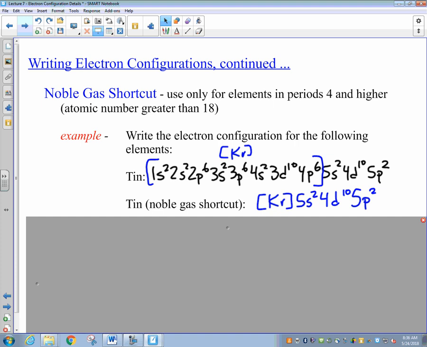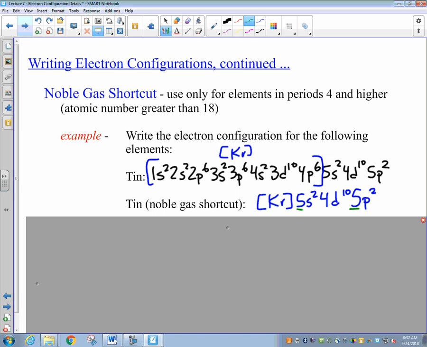The other thing that really is important about this is that after the following noble gas, I end up in the 5th energy shell, which is the highest energy shell of electrons. So by using that noble gas shortcut, what I've really focused in on here is the position of the valence shell electrons.